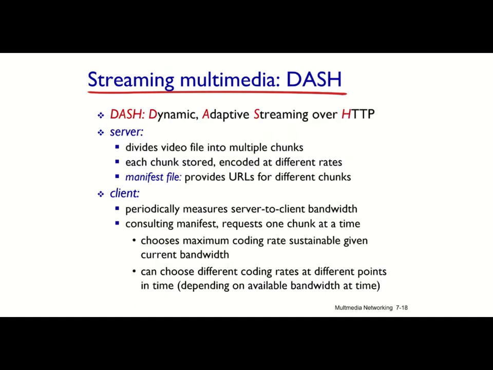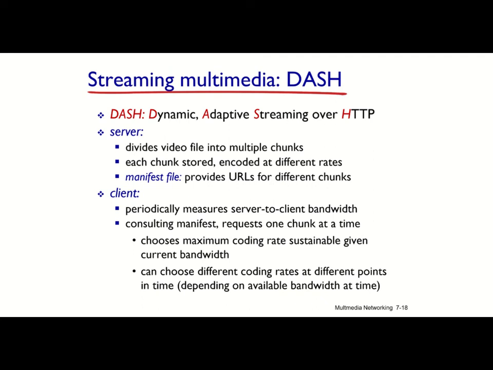A smarter way of streaming multimedia is to use DASH, which stands for Dynamic Adaptive Streaming over HTTP. This is a protocol that is much smarter than the normal HTTP/TCP. Basically, the server in this kind of protocol divides the video file into multiple chunks, and each chunk is encoded at different rates.